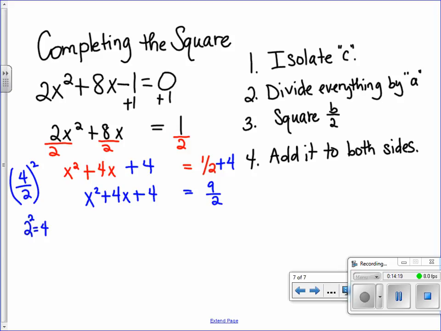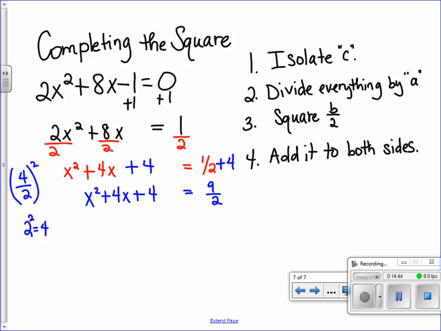Now, the reason we do completing the square is because what we've made right here is a perfect square trinomial. Remember when we were factoring, and that was one of our shortcuts? If you could recognize that it was a perfect square trinomial, then you could save yourself some time. What are two numbers that multiply to equal 4 and add to equal 4? 2 and 2.